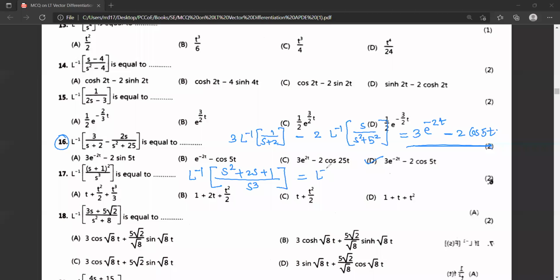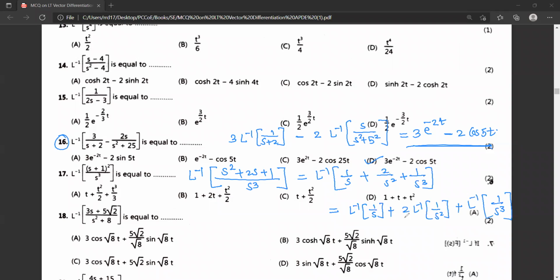Now, if we separate it, s square upon s cube is 1 by s, plus 2 by s square, plus 1 by s cube. Now apply the inverse Laplace on each and every term. So L inverse of 1 by s, plus 2 times L inverse of 1 by s square, plus L inverse of 1 by s cube. Now apply it and tell me the answer quickly.